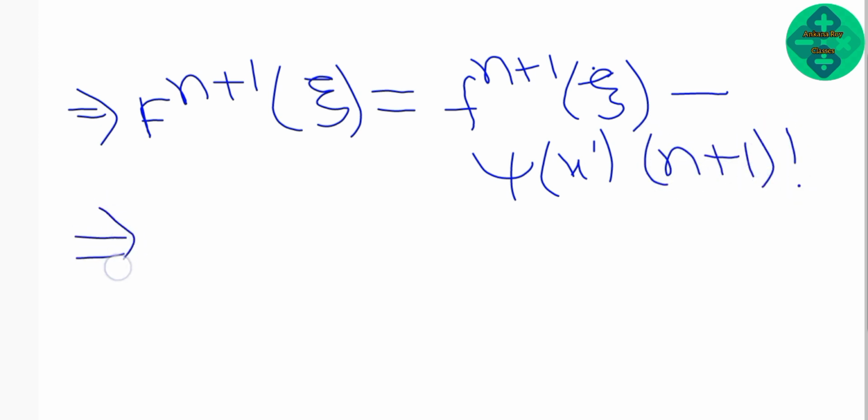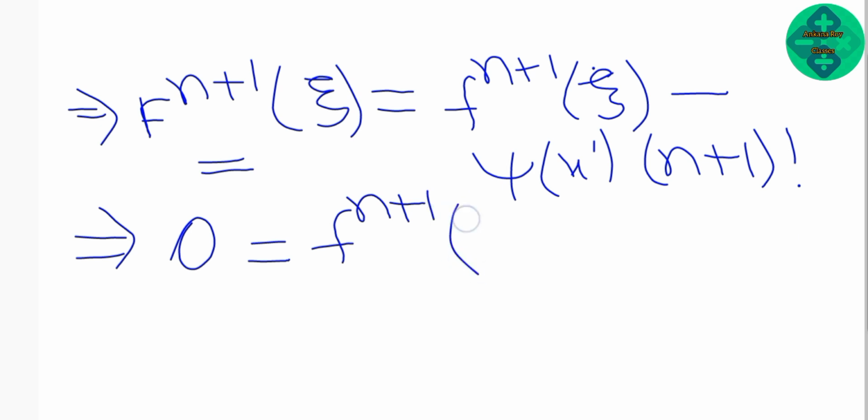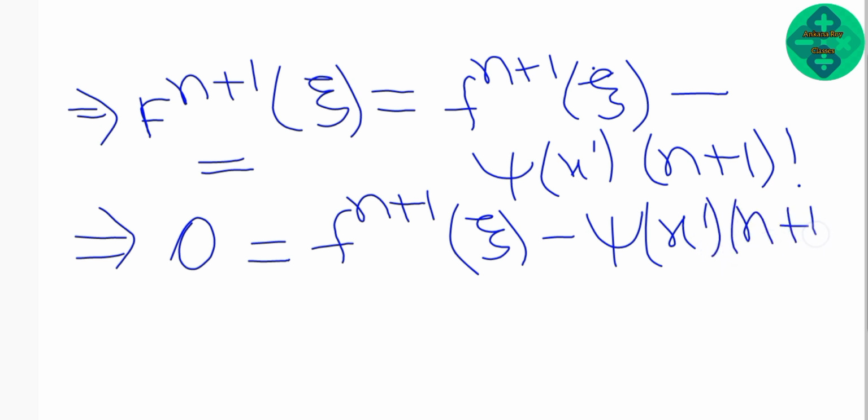By repeated application of Rolle's theorem, the (n plus 1)th derivative of capital F at the point xi is equal to 0. Therefore, 0 is equal to the (n plus 1)th derivative of small f at xi minus psi(x') into n plus 1 factorial.